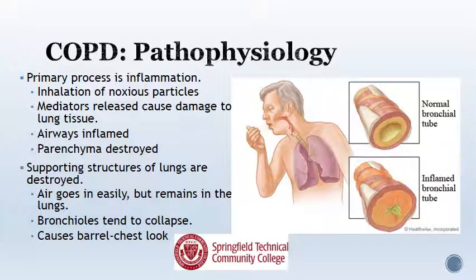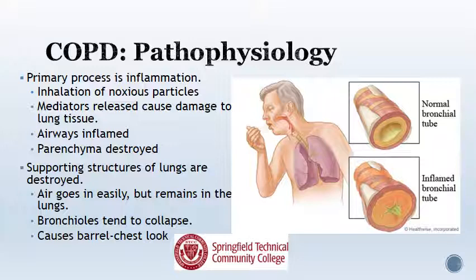The primary process of this is inflammation, and it's due to inhalation of noxious particles like smoking. Cellular mediators are released, which cause damage to the lung tissue. The airways become inflamed, and the lung parenchyma, those alveoli, are destroyed. The supporting structures of the lungs are also destroyed.